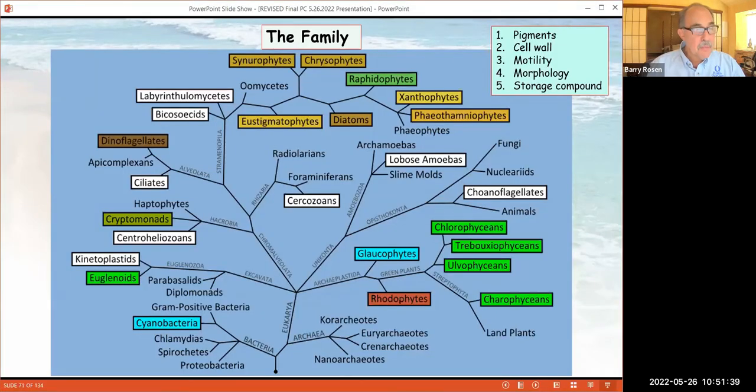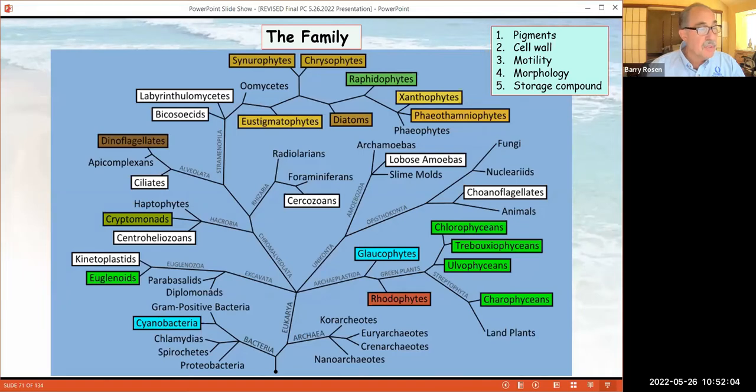So this is the families of organisms, everything from land plants, animals, and all the algae that we just heard about, and some we didn't hear about. And every colored box in this family tree of all life is a kind of algae. So cyanobacteria are down here on the bottom left. They are blue-green because of pigments. We'll talk about that.